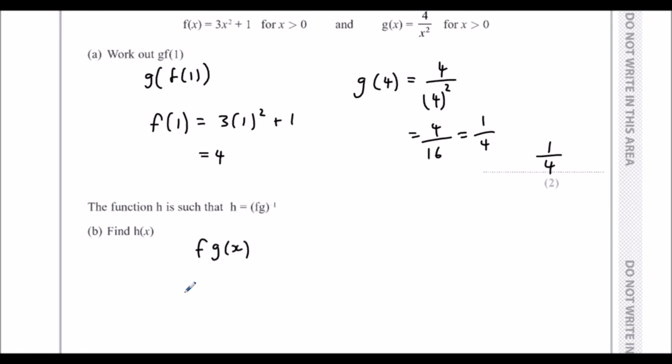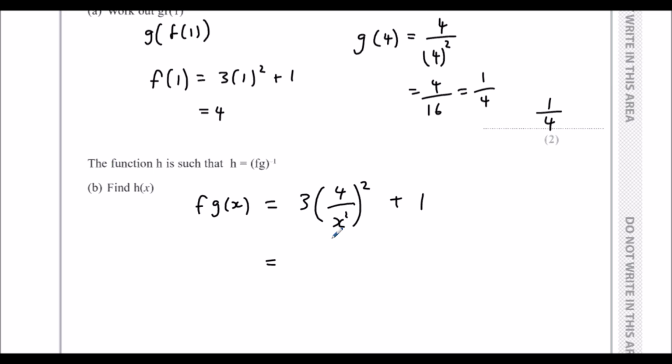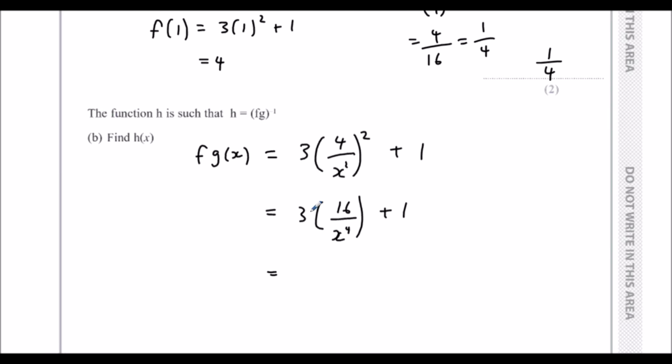So f of 4 over x squared is 3 times 4 over x squared, squared, plus 1. So that's 3 times 16 over x to the power of 4 plus 1, which is 3 16s are 48. So 48 over x to the power of 4 plus 1. So that's our function fg of x.